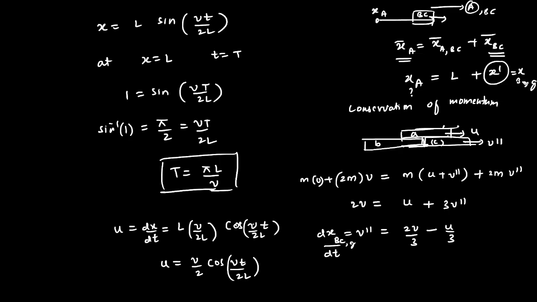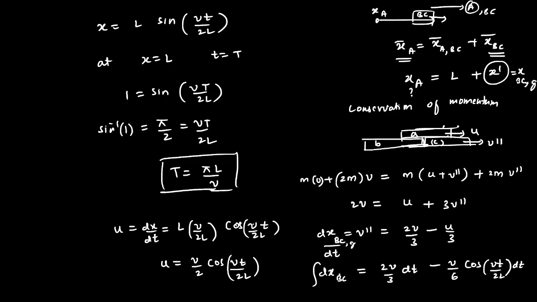Now the displacement of the BC combination with respect to the ground frame can be written as 2V by 3 dt, and the u value we already have, which is V by 2 cos of Vt by 2L. So we have V by 6 and cos of Vt by 2L, and there is dt here.